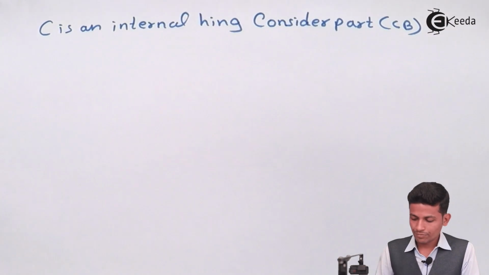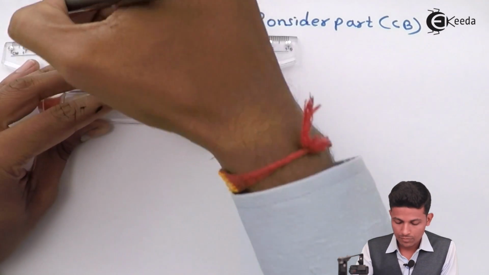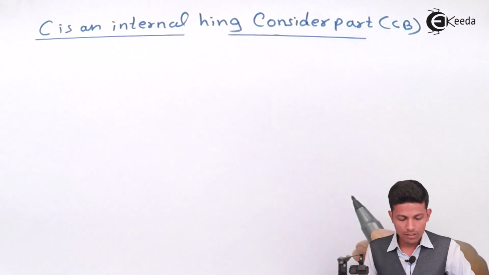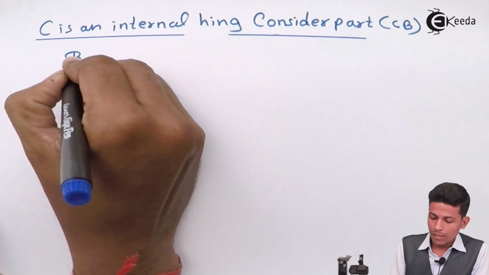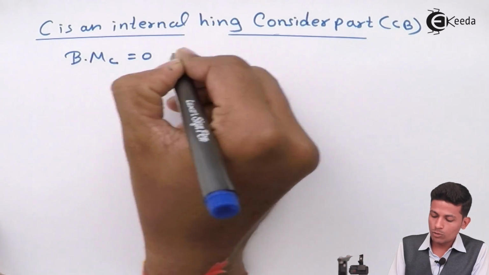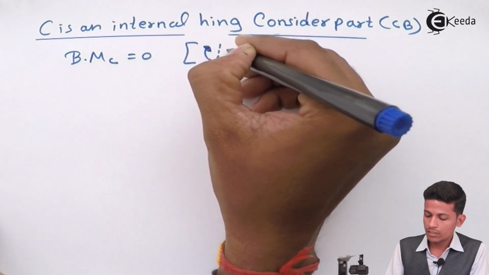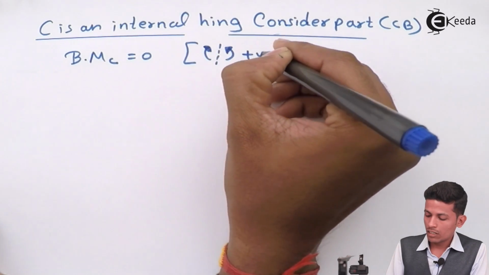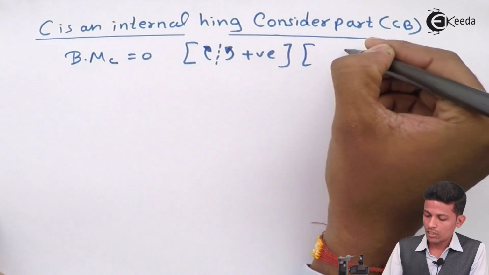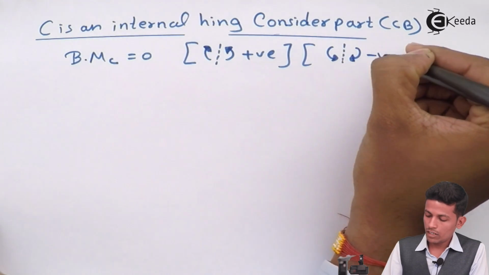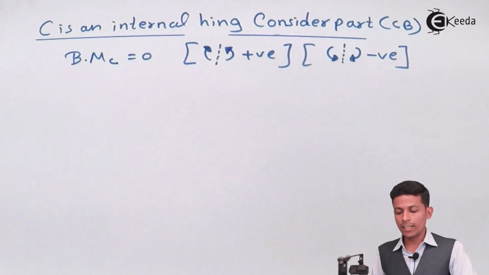Now see, bending moment at C equal to 0. As you all know, the sign convention is like this: sagging positive, hogging negative.